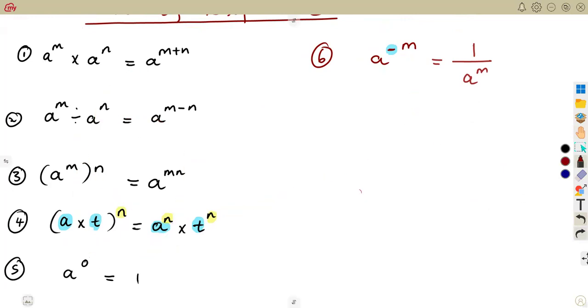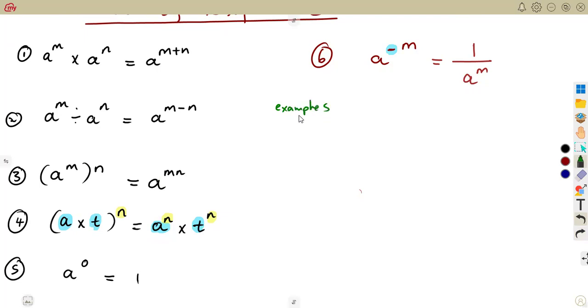So let us just look into questions which are going to use all of the laws that we just gathered. We're just going to look into typical questions, how these questions might be given. So the questions might be given, simplify. These are just typical examples.